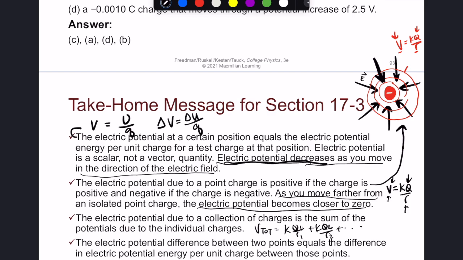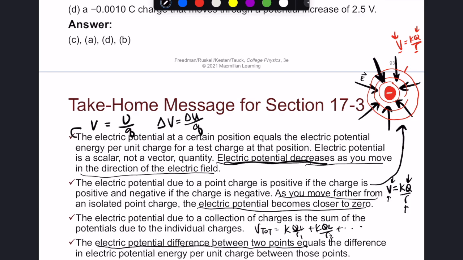The electric potential difference between 2 points equals the difference in electric potential energy per unit charge between those points. So for example, that would be a delta V, which equals V at the final position minus V at the initial position.